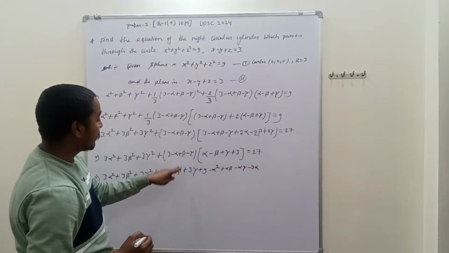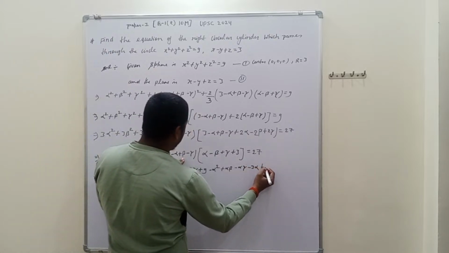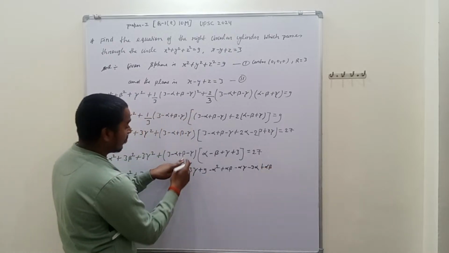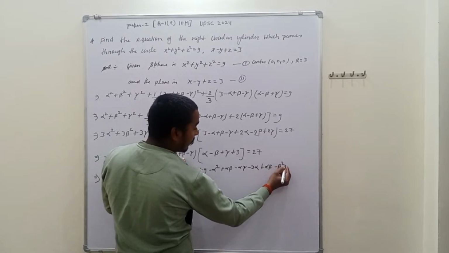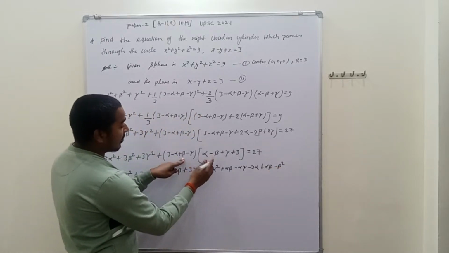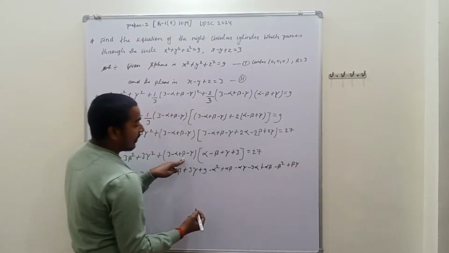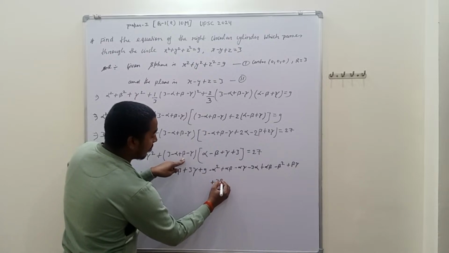Further we have to multiply with beta, that is plus alpha beta and minus beta square and plus beta gamma and plus 3 beta.